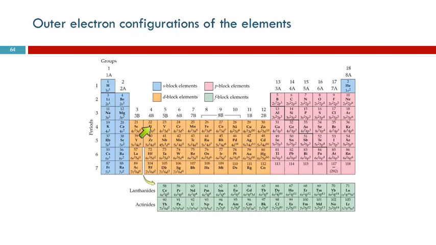We go over to titanium, we're adding another 3d electron. Still has 2 valence electrons. Vanadium, 2 valence electrons. Chromium and copper are weird. There are other ones, but you're not responsible for them. So here's chromium, and here's copper.